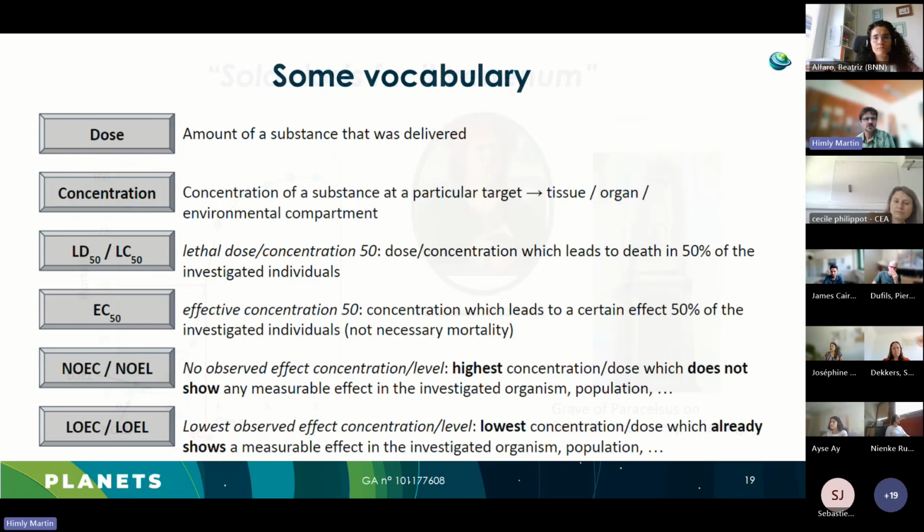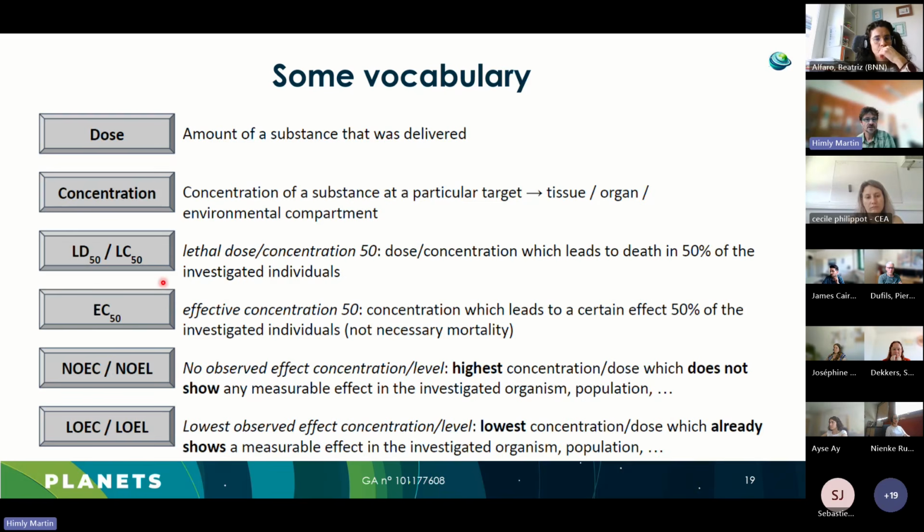Some more vocabulary. So we have the dose. I mentioned it already a couple of times, the amount of a substance that was delivered. The concentration is the concentration of a substance at a particular target. So this could be at a tissue level, at the organ level, but also on a cellular level in an assay, for example, or in an environmental compartment. If we do not look at humans but at animal species out there, like Daphnia, for example, that is a typical reporter system for the ecotoxicological area.